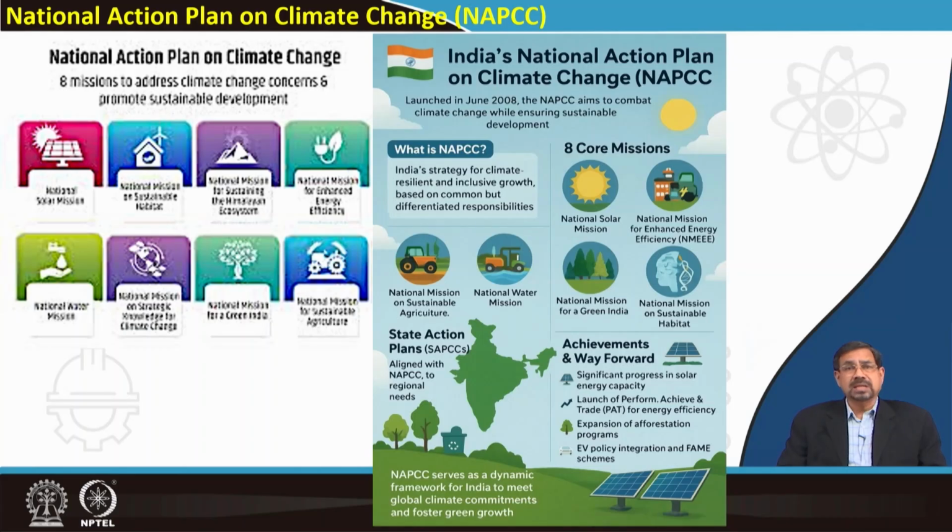Then you have the National Mission on Sustainable Agriculture, the National Water Mission, the National Mission for a Green India, or Green India Mission, and the National Mission on Sustainable Habitat. Further to this, we have various state action plans aligned with the National Action Plan to cater to regional needs.